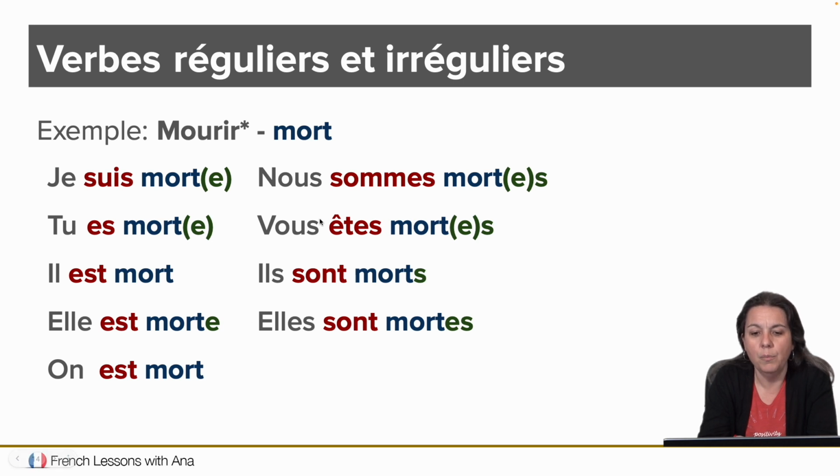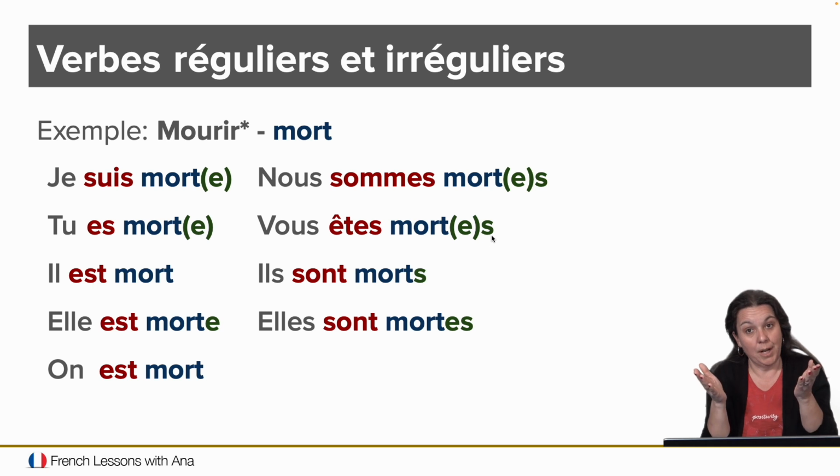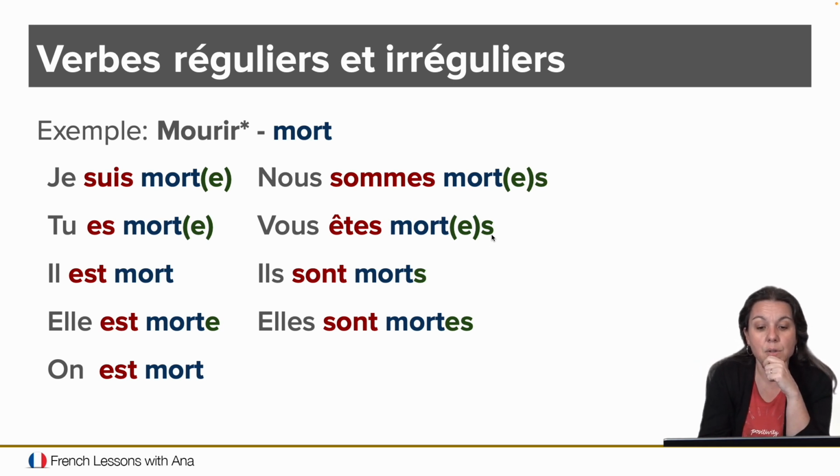Nous sommes morts. I don't know who the nous is when it comes to masculine or feminine, but the e in brackets, add an s to make a plural. Vous êtes, so you do the liaison, vous êtes, right? Vous êtes mort. I don't know the vous for masculine or feminine. E in brackets, add an s, or you may put the s in brackets again. Ils sont morts.